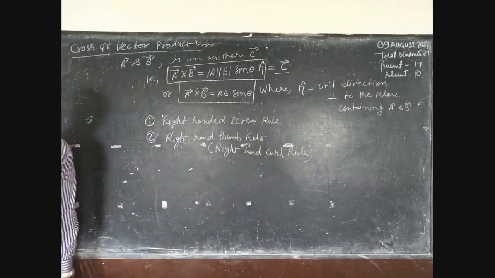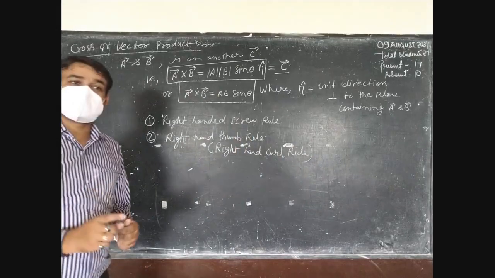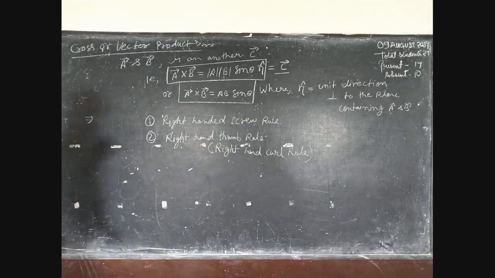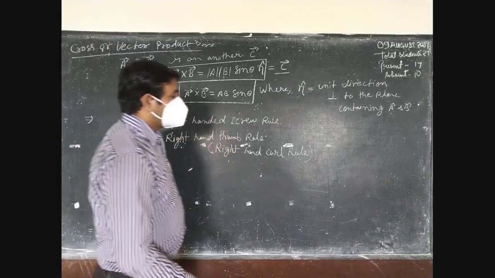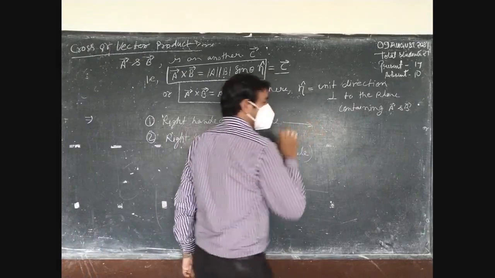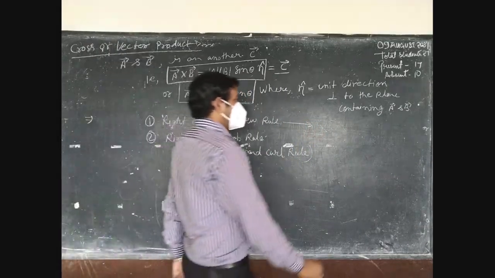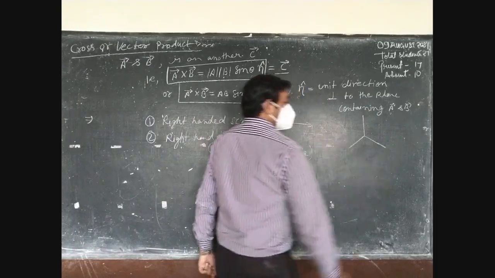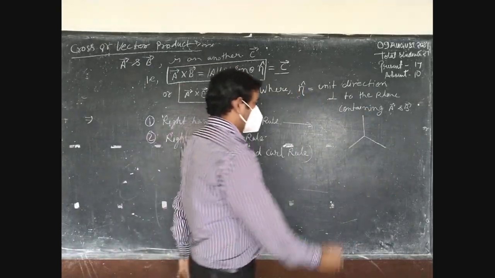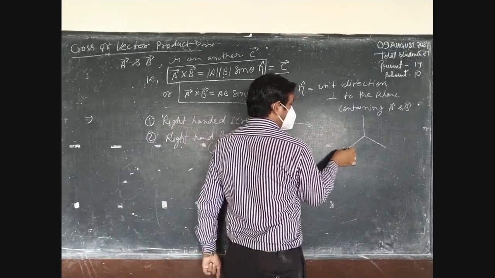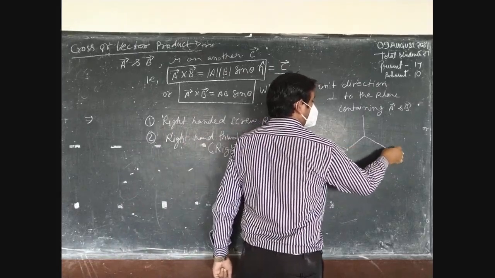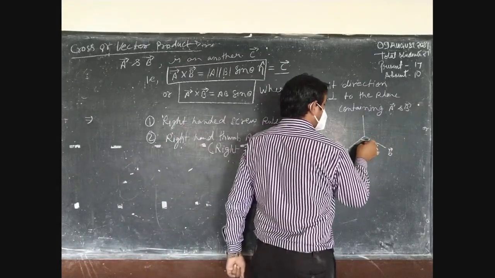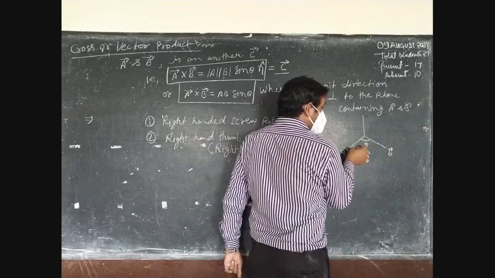As you learned in your 10th class to determine the direction of current carrying conductor. Okay. As per both rules, first we have the screw rule. Now let's see vector A and vector B. Let's say this is vector A and this is vector B, and they are acting at an angle of theta from left to right.